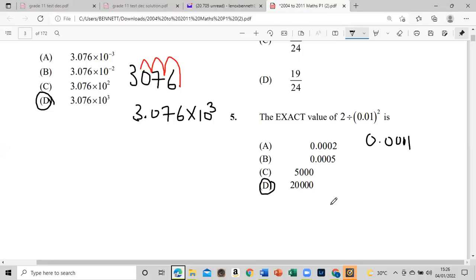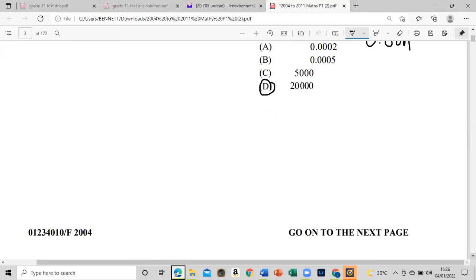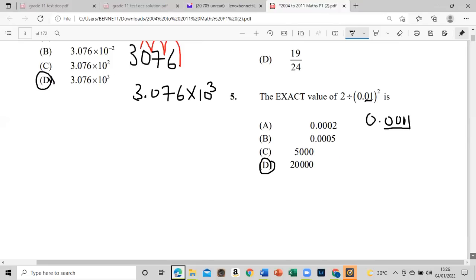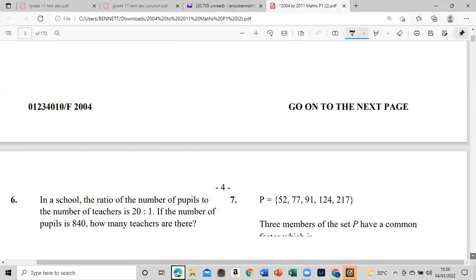Common sense that. But you guys can work it out. It's supposed to have 4 decimal places. When you square it, because it's a 2, it's supposed to have 4 decimal places. Common sense, alright?